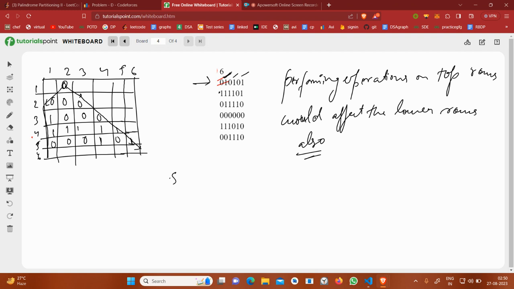Have I done anything wrong? 5 comma 6, and then 1 comma 2, 4 is greater than equals to 4, yeah, this will also come under. So 1, and then 1 1 0 0 0 1, so this would get affected.